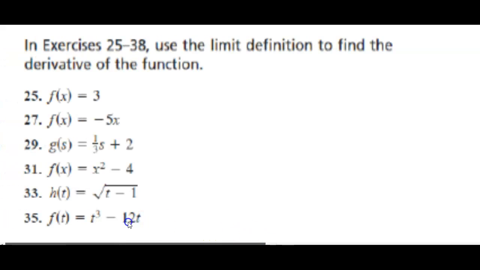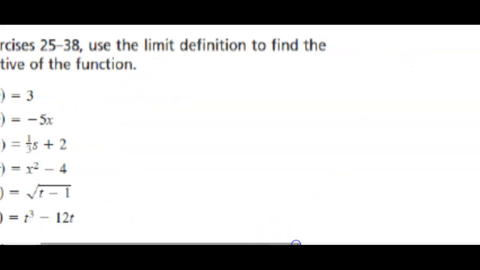The next question here says, in exercises 25 to 38, use the limit definition to find the derivative of the function. And the thing to remember is, you guys know how to find the derivative with the power rule and etc. So I'm just going to write down the definition of the limit right here for you.